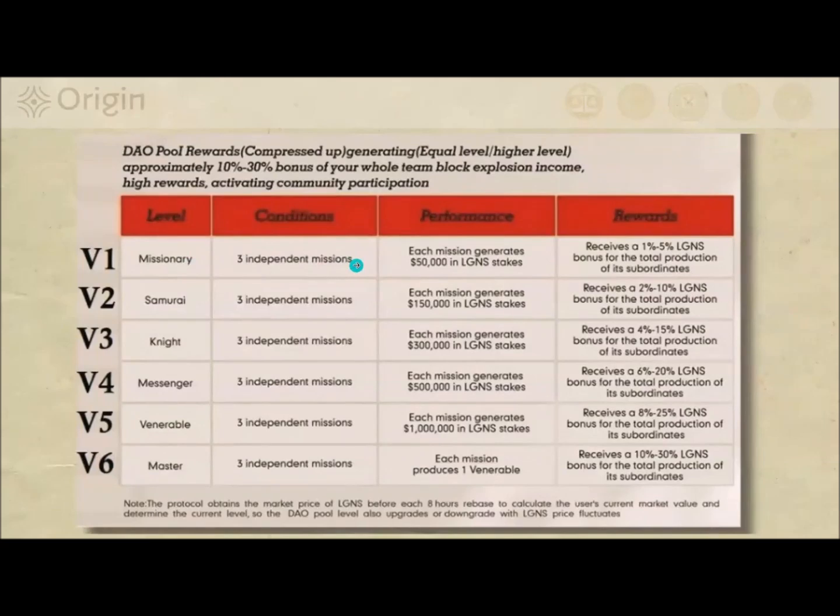Once you have 3 missions that have generated $50,000 or more in LGNS staking at any given time, and they stay above that threshold, it then opens up additional revenue of 1 to 5%. These bonuses are paid over and above what the spiderweb pays.